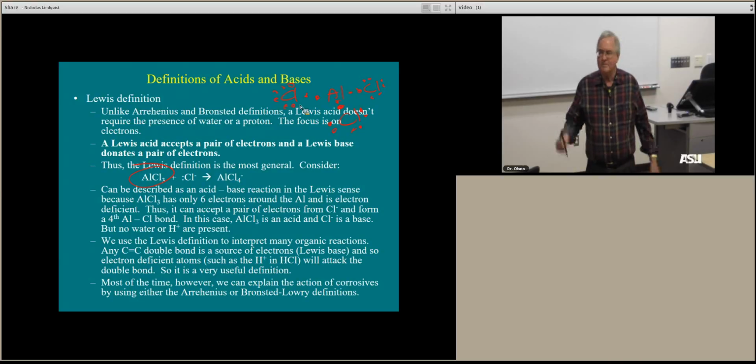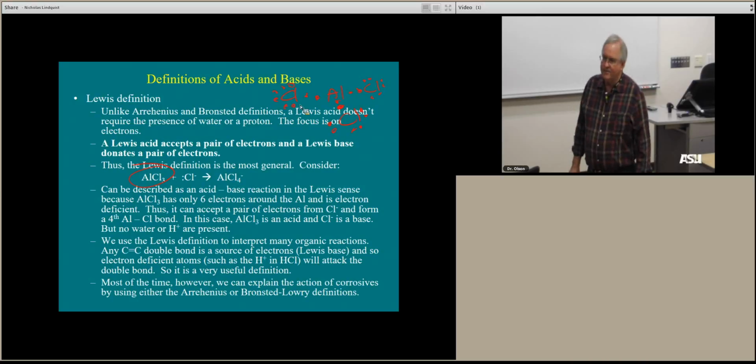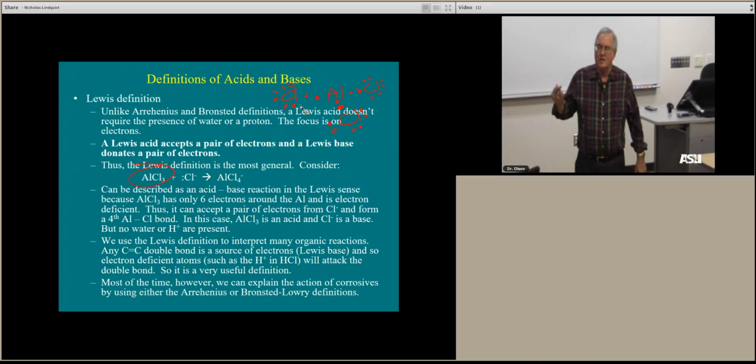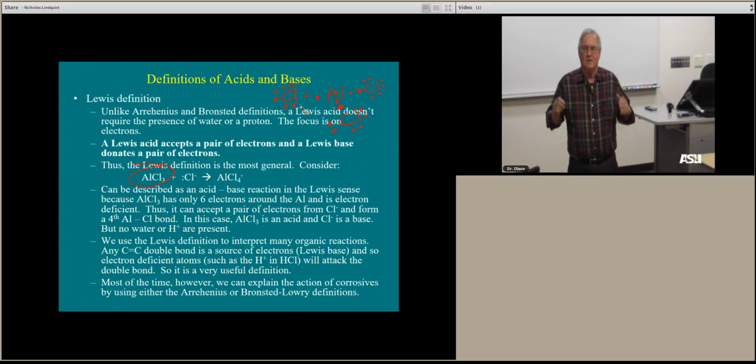Would you be able to describe AlCl3 as an acid under the Arrhenius definition? Would it be under the Bronsted-Lowry definition? It's not an acid under Bronsted-Lowry because it doesn't have a proton. Doesn't meet that definition. So the Lewis definition is actually the most general definition.